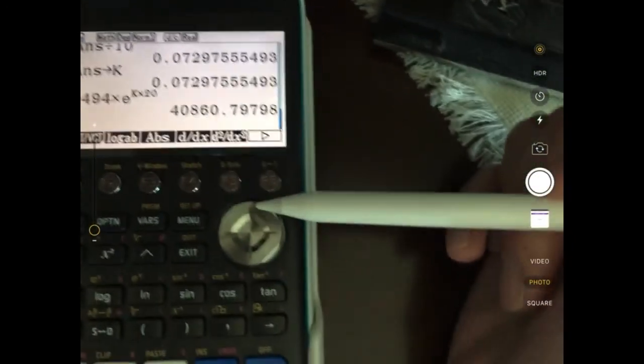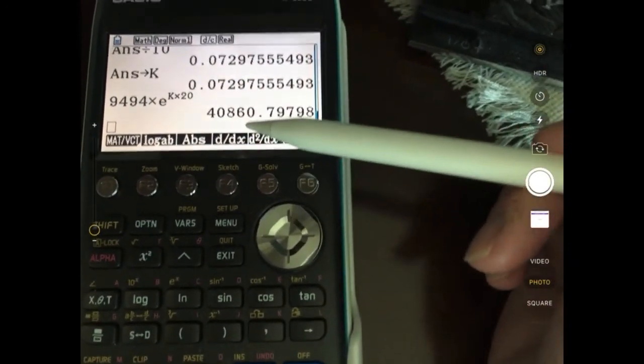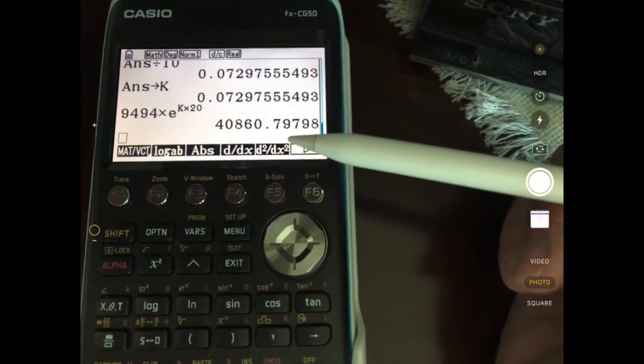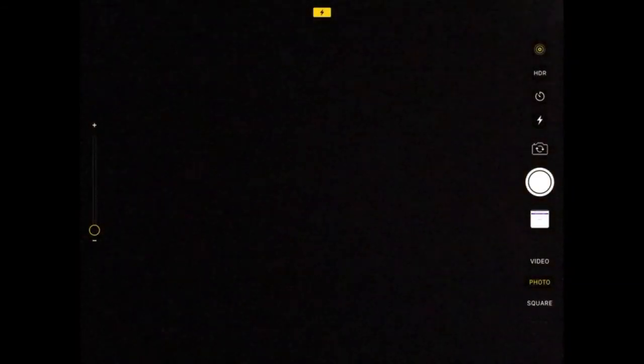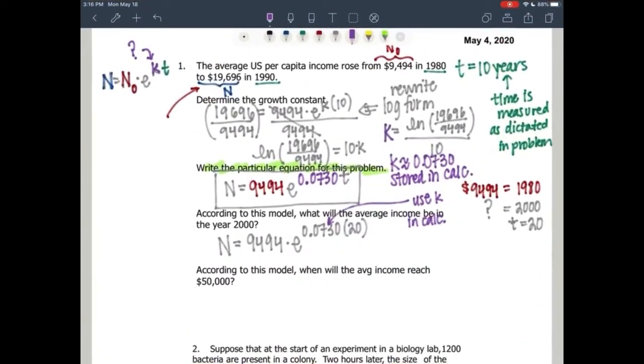Press enter, and the median or the average income in the year 2000 is approximately $40,860.80 according to this model.